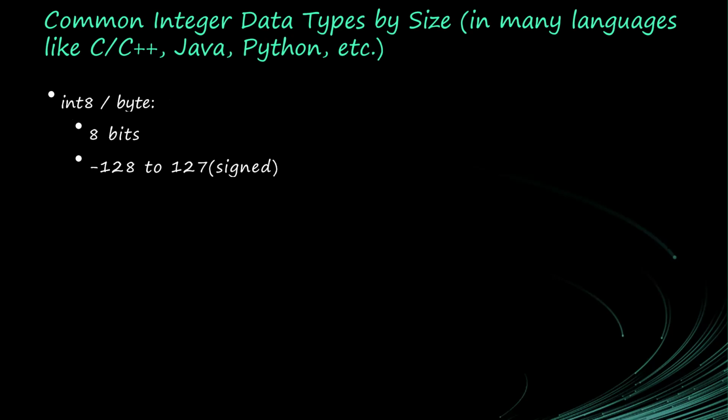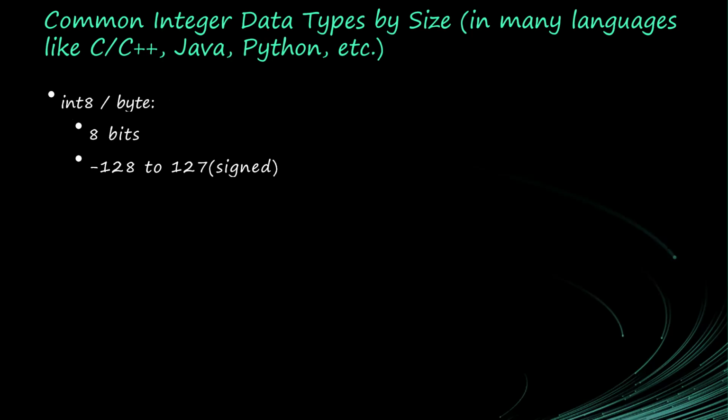Let's say we have 8 bits. With 8 bits, the computer can represent 2 raised to power 8 different values. 2 raised to power 8 is 256. That means the computer can represent 256 different values using 8 bits.